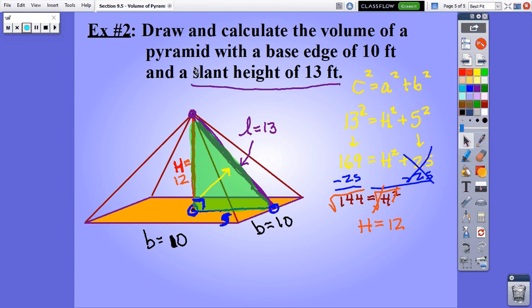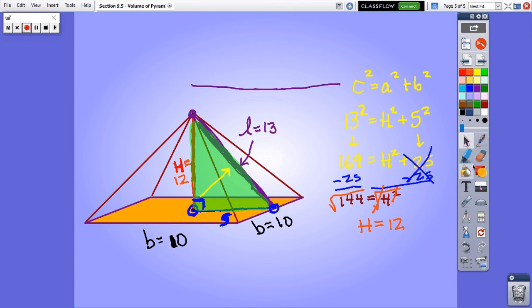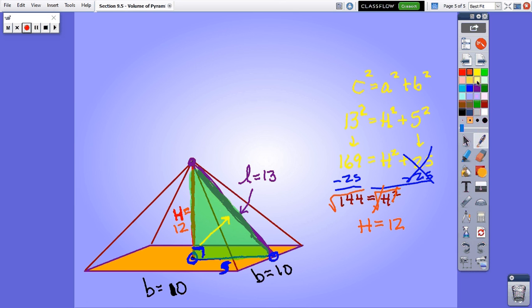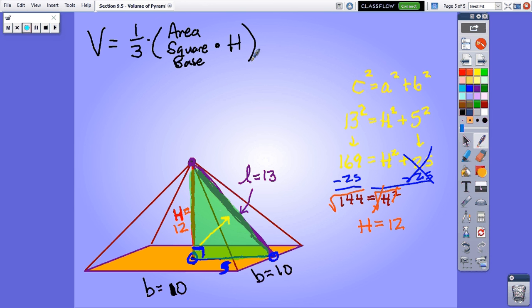So now we can actually find the volume. Let me clear this out of the way, and we can do our volume work. So volume of a pyramid is 1/3 times, remember, the area of the, in this case, square base, times the actual height of the pyramid.